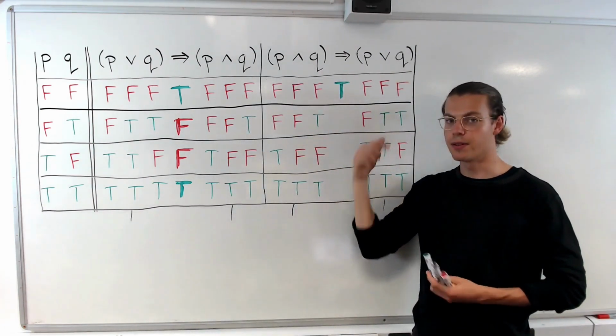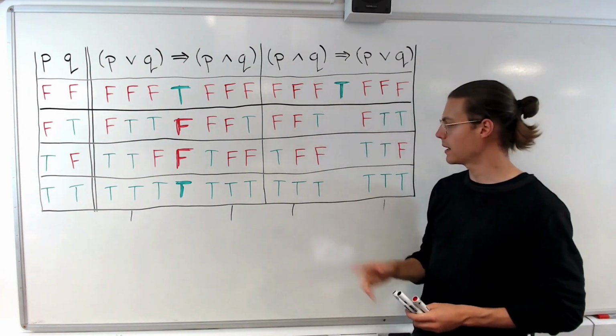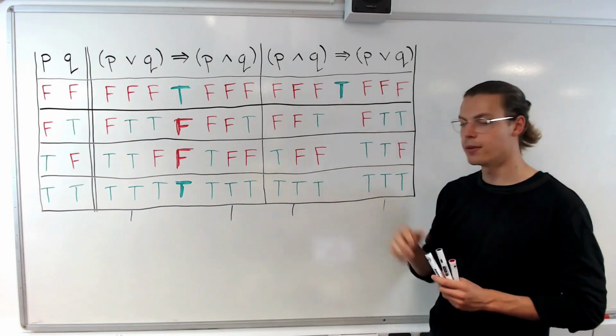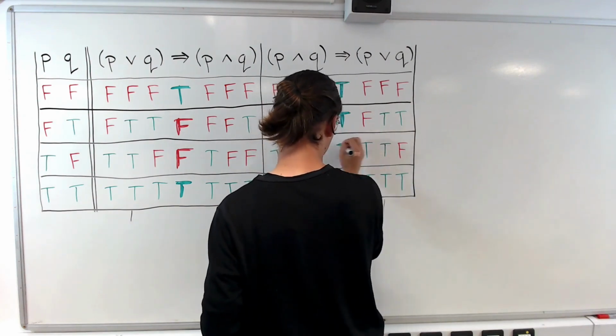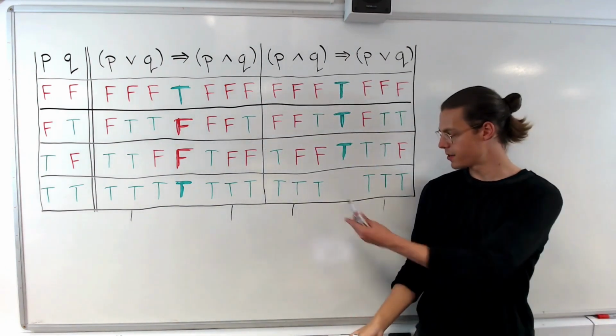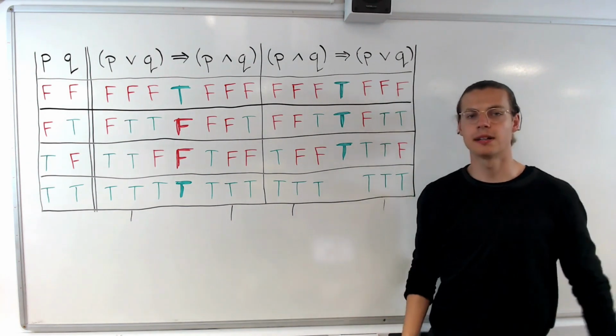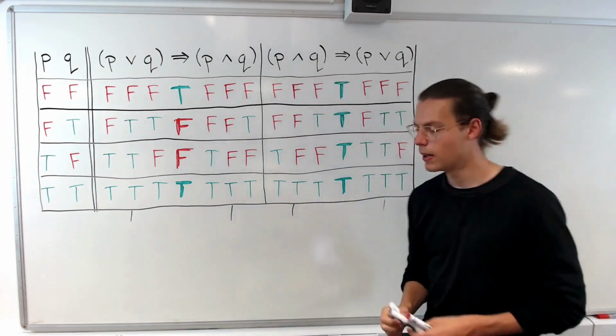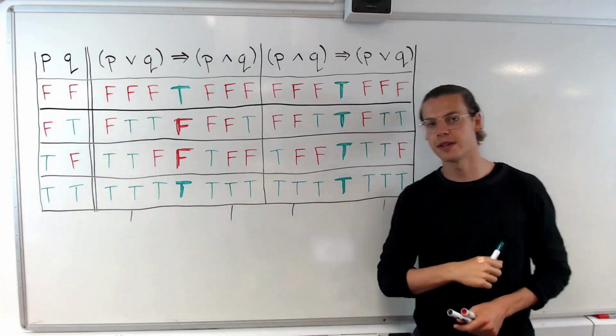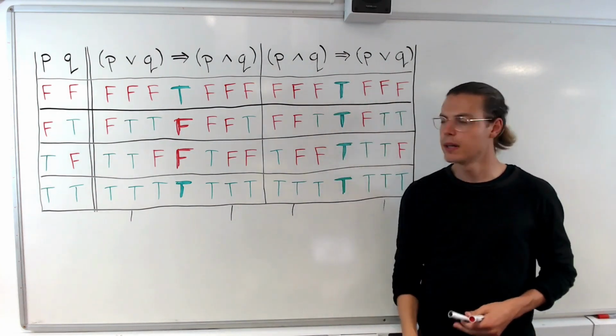False implies true. That's true. And again, false implies true. Both of these are true. And finally, true implies true is true. And those are the truth values for our second formula.